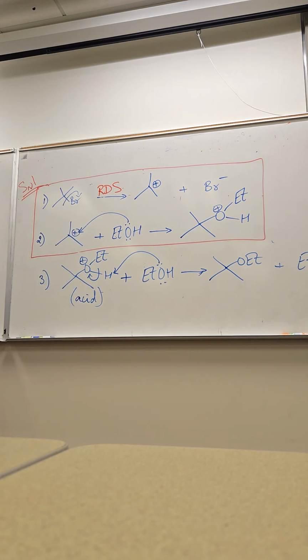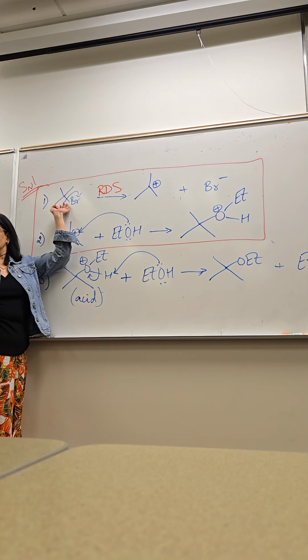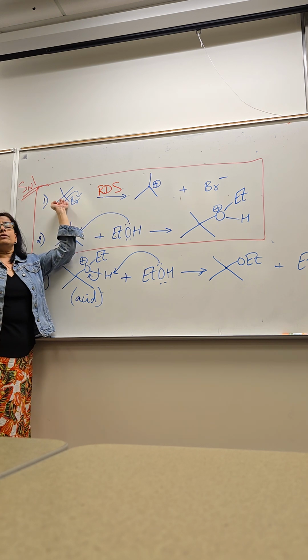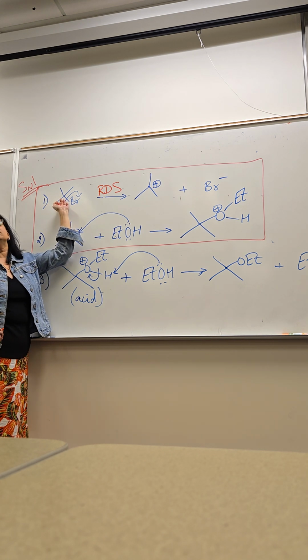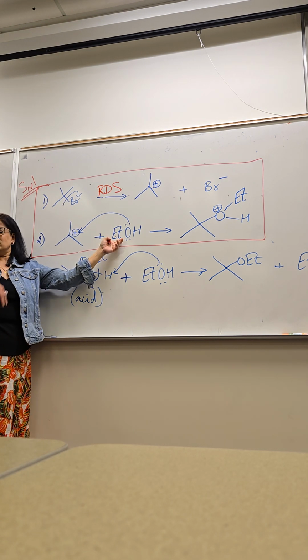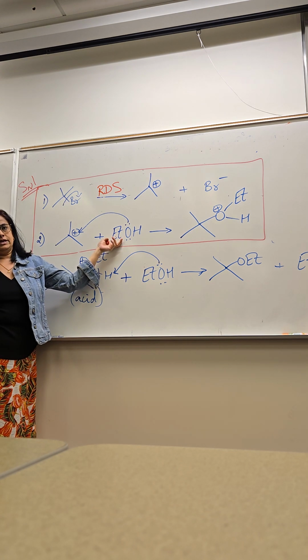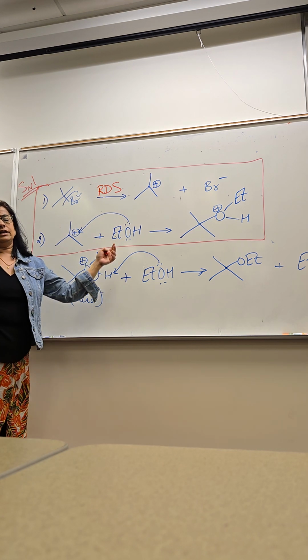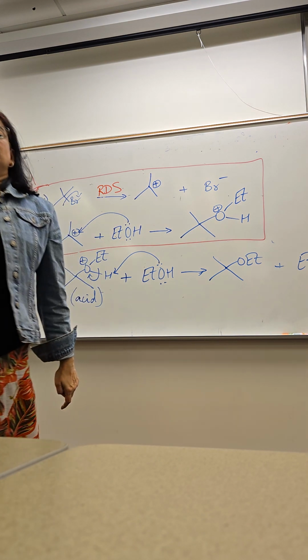The point I want to make, and that's what I'm emphasizing, is that the reason why only the substrate affects the rate of SN1 reaction is because that's the only reactant that has appeared in the rate determining step or before the rate determining step. The nucleophile does not, because it comes after. Is everybody following this? Can I say it one more time?